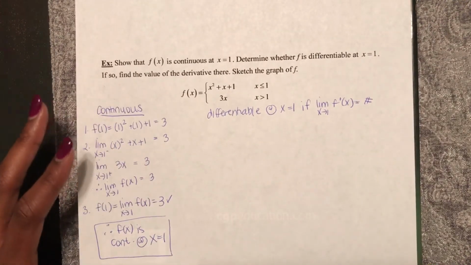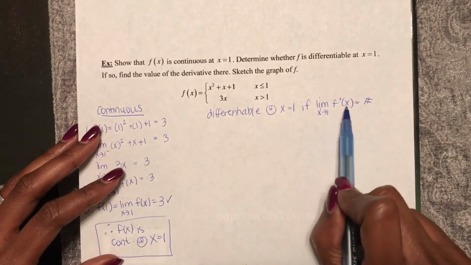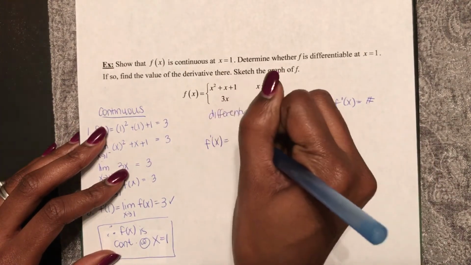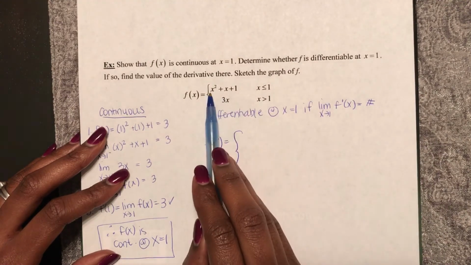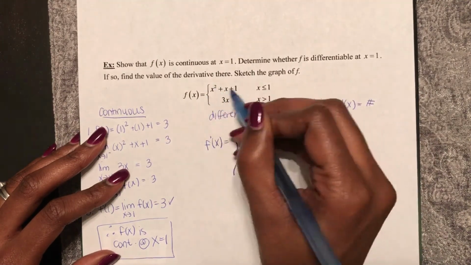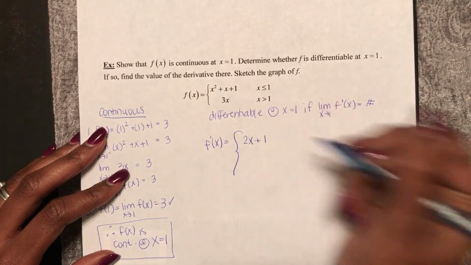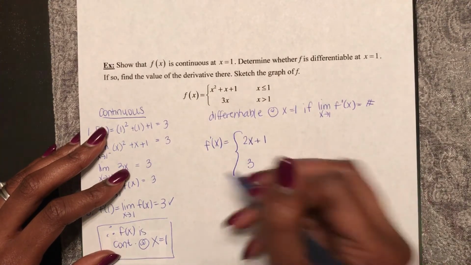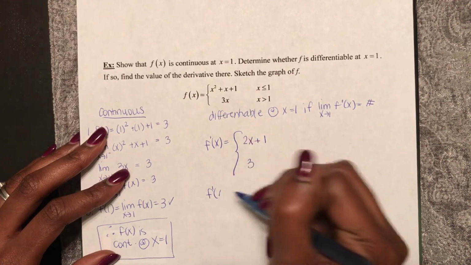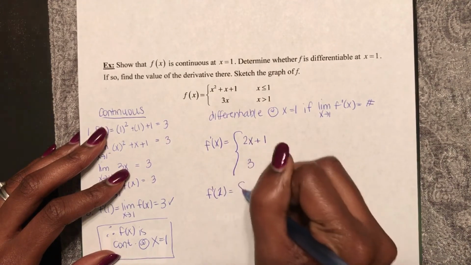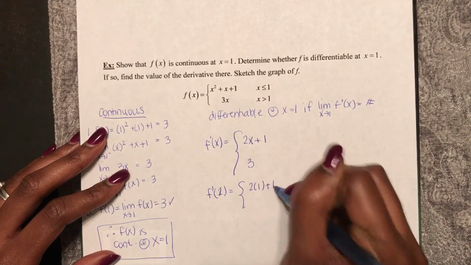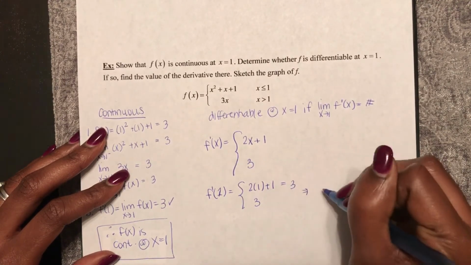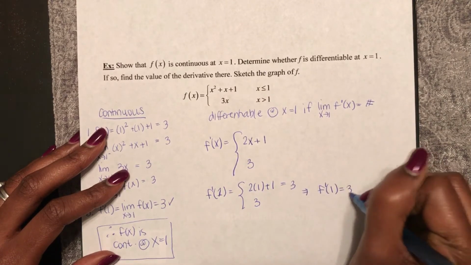So that means the slope on both sides of 1 has to be the same. So f prime of x, using power rule, the top piece becomes 2x plus 1, and the bottom piece becomes 3. So therefore, f prime of 1 equals 2 times 1 plus 1, which is 3, or 3, which implies that f prime of 1 is 3.